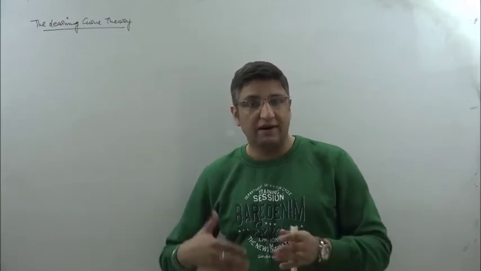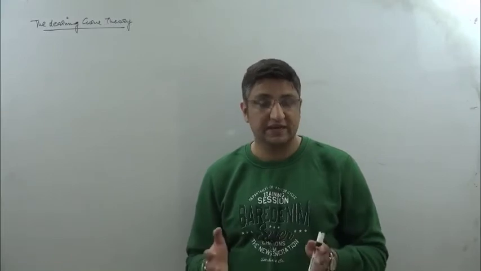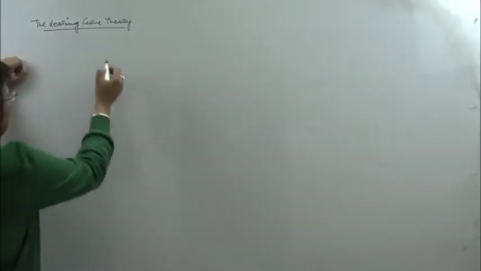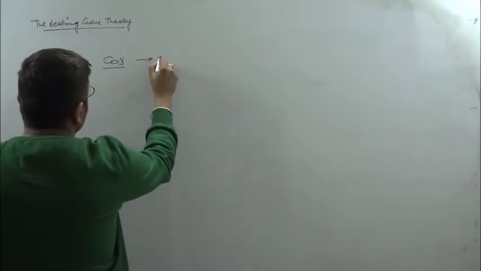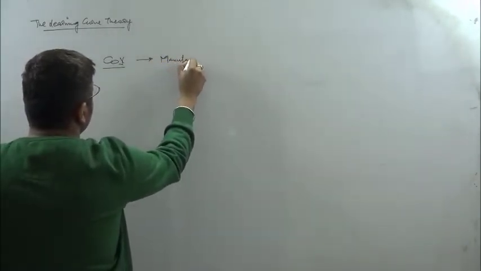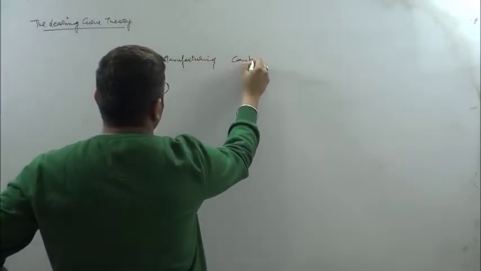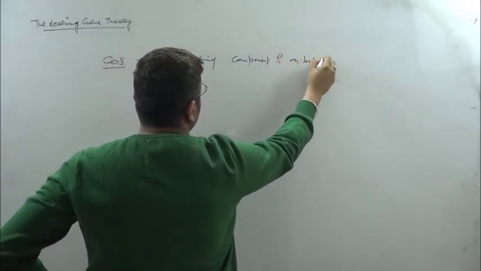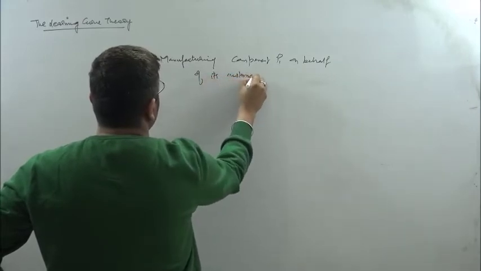All right, now why does it matter to a business in terms of determining its costs? Let's try to understand it with the help of an example. Let us say that there is a company X that is manufacturing some component P1 on behalf of its customer.